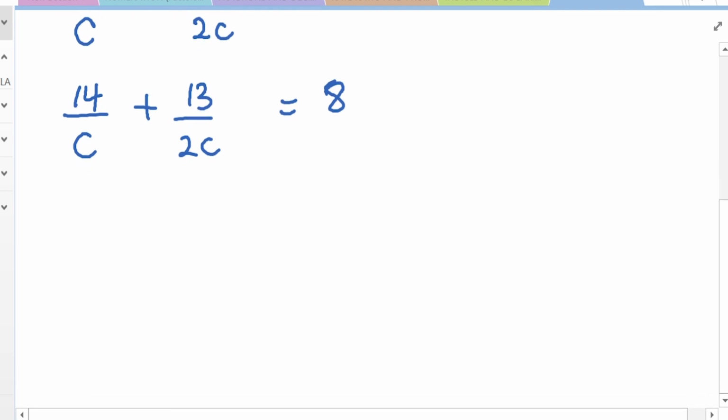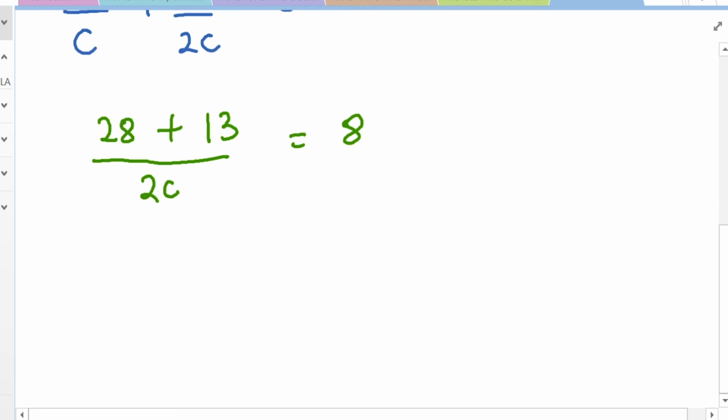If we make c the subject of the formula in this expression, we will have found the value of c. So let's find the LCM here. C and 2c, that is 2c right there. 2c divided by c is 2. 2 times 14 is 28. Plus 2c divided by 2c is 1. 1 times 13, that is plus 13, is going to give equal to 8.